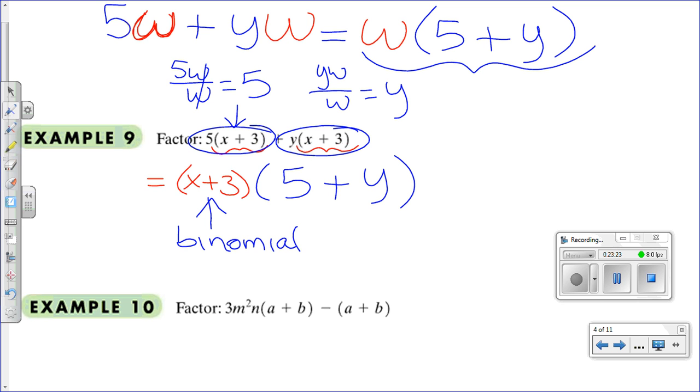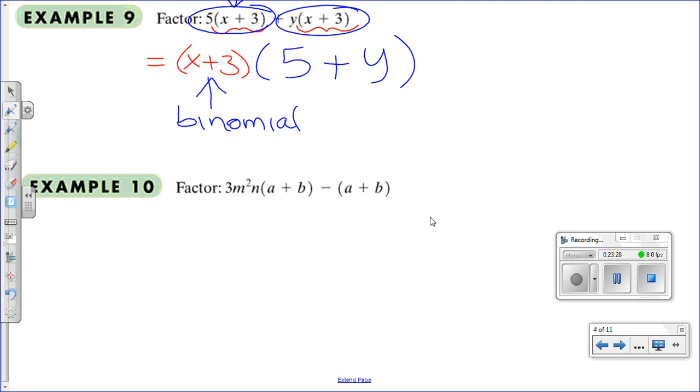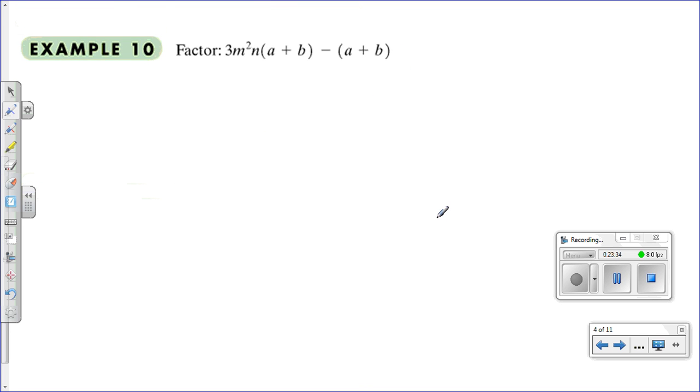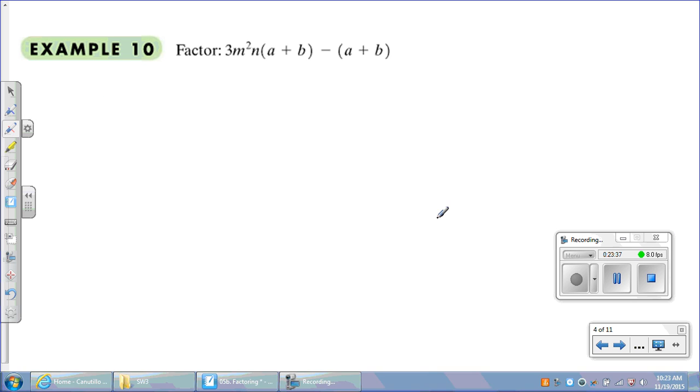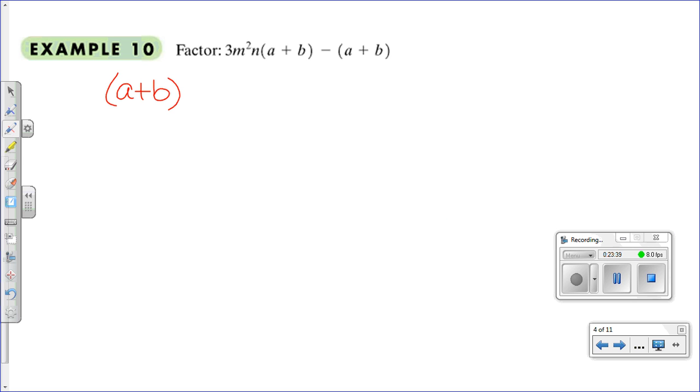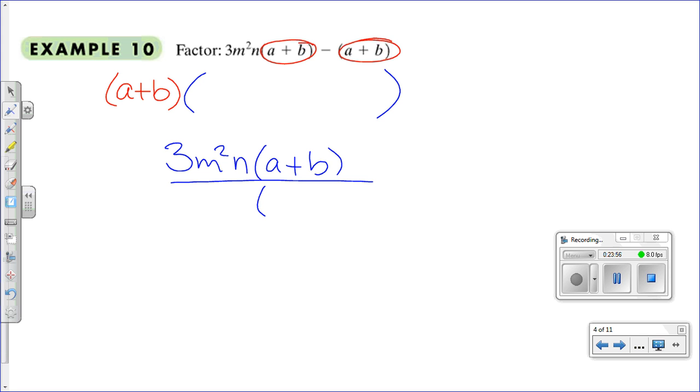So this is like the basis for factoring by grouping. Now let's do one more. What do they have in common now? It's also a binomial. A plus B. Very good. So we factor out A plus B. And if we factor out A plus B from here, it's like we were dividing that by A plus B. So A plus B divided by A plus B, they make up a 1.